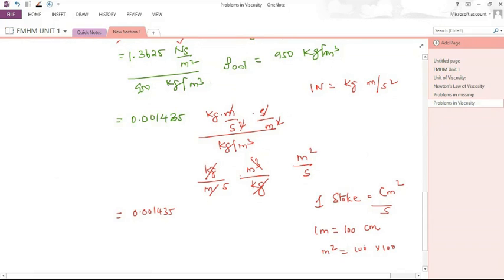The conversion factor is 10 to the power 4 centimeter square per second. So finally, we get 14.35 centimeter square per second, which is the Stoke. This is the value of the kinematic viscosity.